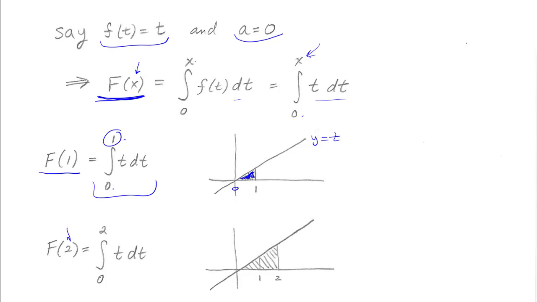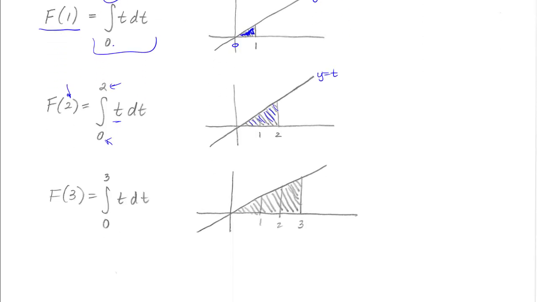Then what would it mean to do 2? Well, we'd still be looking at the same curve, y equals t, but instead we'd be going 0 to 2 now. So we get all of this. And so on. If we did 3, now we go 0 to 3. So we would get this.